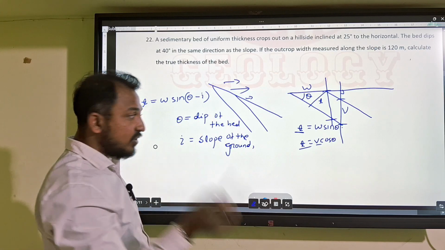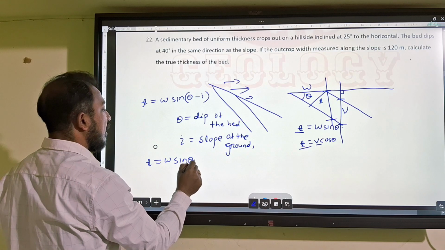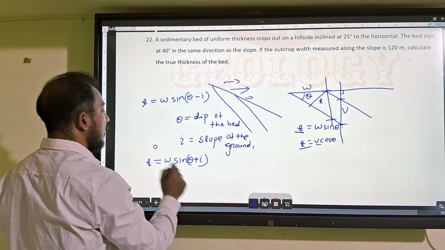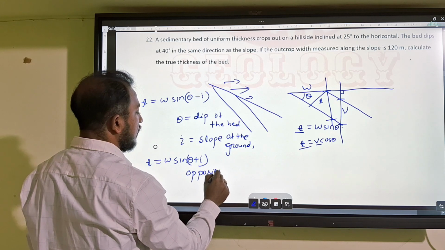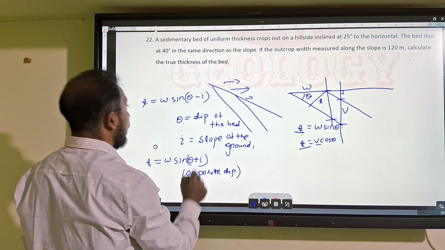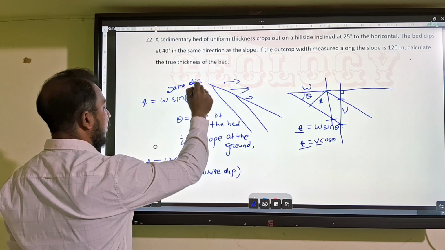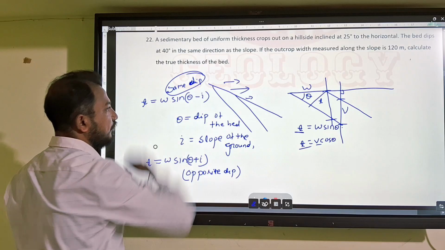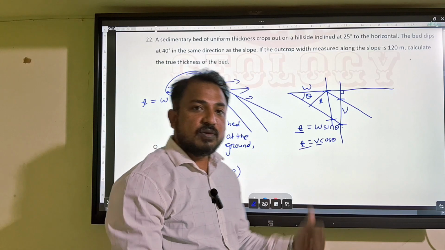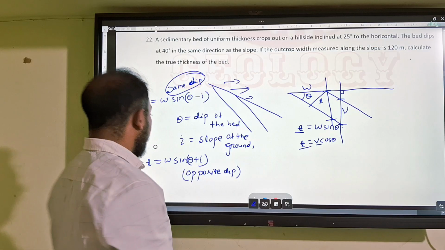If both are dipping in the opposite direction, then T will be W sine of theta plus I. This is for opposite dip. This is for same dip. Same dip means same direction we are talking about. So now we'll use these formulas and try to solve all these problems.